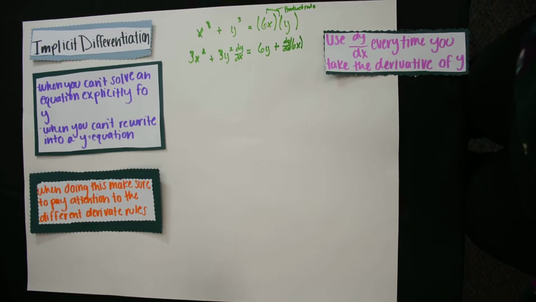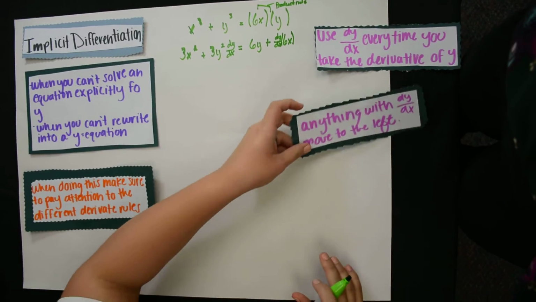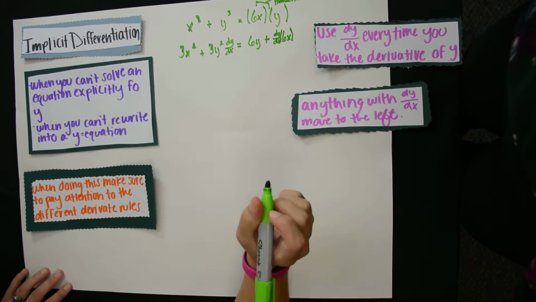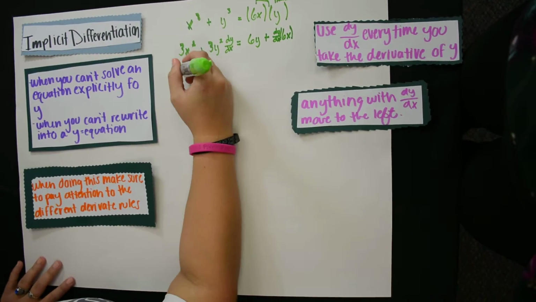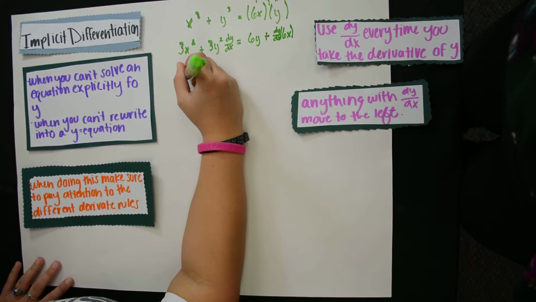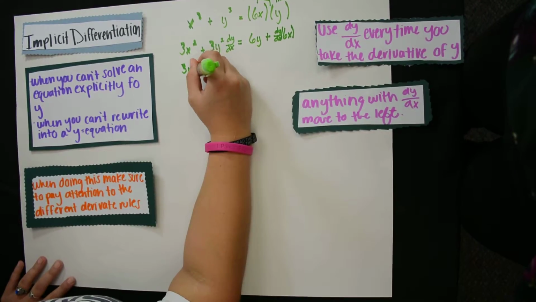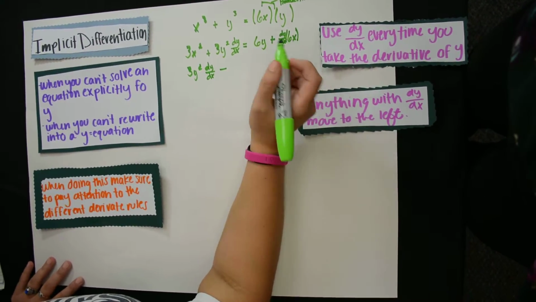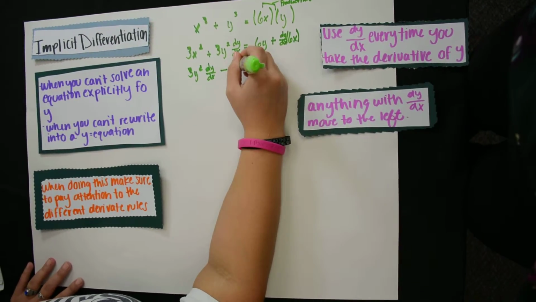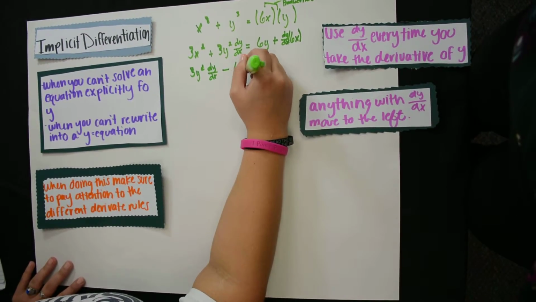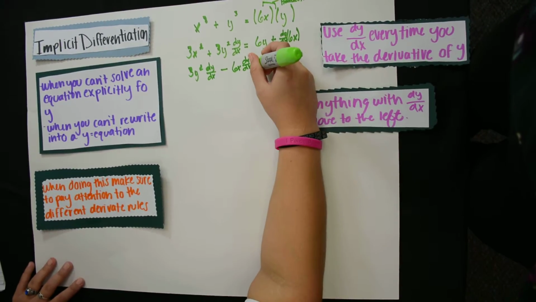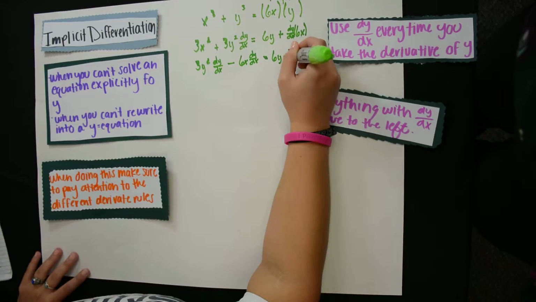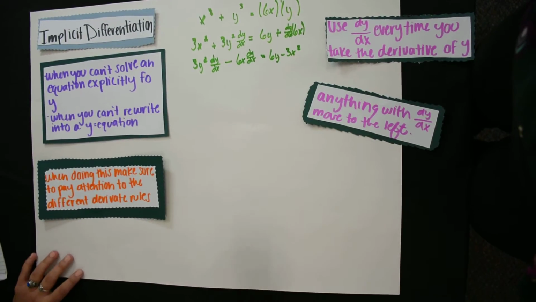Now we're going to move anything with a dy/dx to the left of the equal sign. So you have 3y squared dy/dx minus, because we're going to have to subtract this, 6x dy/dx equals 6y minus 3x squared.